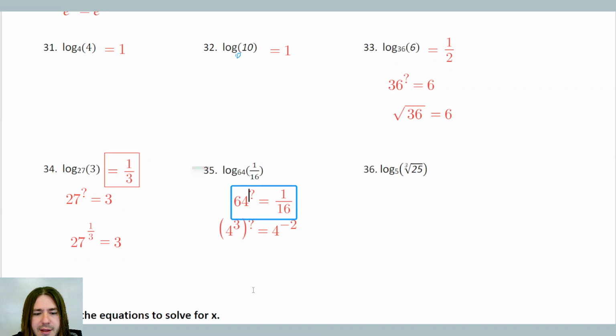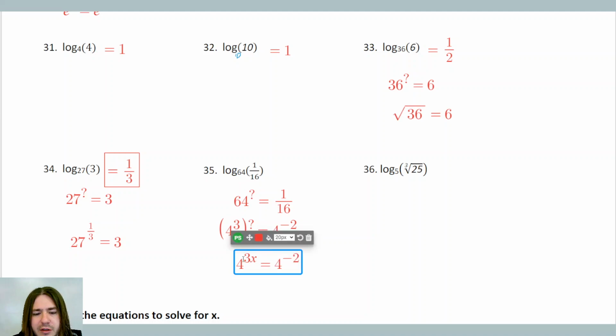Whenever you raise a power to a power, you multiply the powers. So 4 to the power of 3 times x equals 4 to the negative second power. If these two bases are the same, we can just set the exponents equal to each other. So 3x equals negative 2, and so x is going to be negative 2/3.